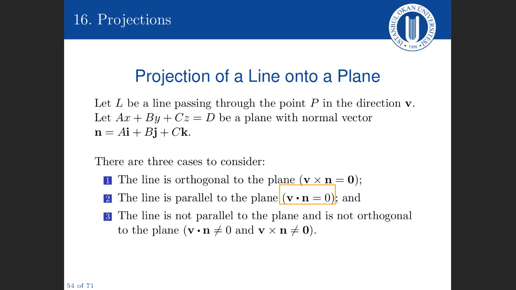In other words, if the vector v is orthogonal to n. Let me just say this again. If the dot product of 2 vectors is equal to 0, then these 2 vectors must be orthogonal. If the cross product of 2 vectors is equal to 0, then these 2 vectors must be parallel.